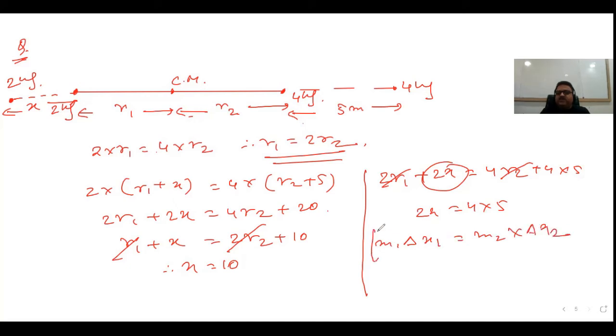This formula we have to keep in mind. That means if the center of mass is not changing its position and we are displacing mass M2 by delta x2, then we have to shift M1 by a distance delta x1, and the product should be equal. Okay, this particular thing I am going to apply in a few of the problems coming in the later sums. Correct? Now let me show you a few more problems.